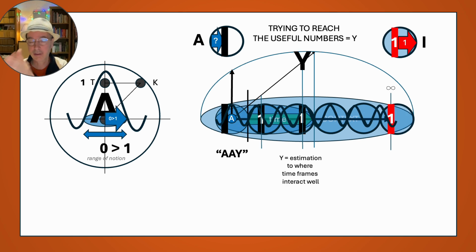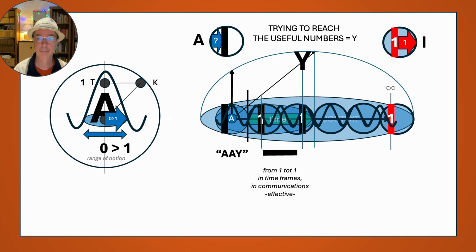The Y as well, we use that in English as well. It is already the estimation to where we will be able to measure and use measurements that work. So the letter also has a place in the system.